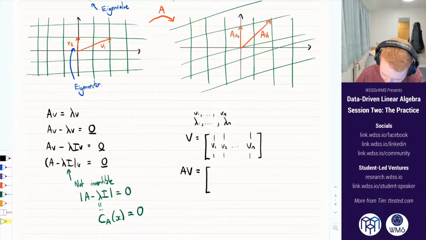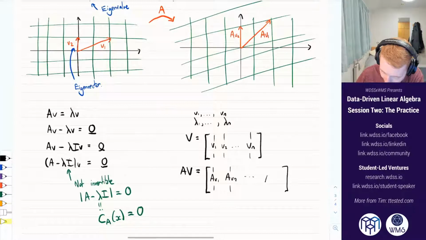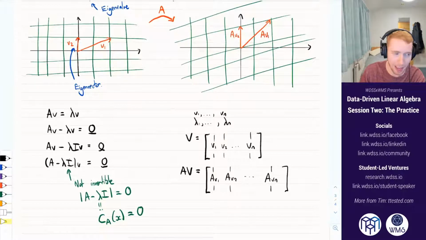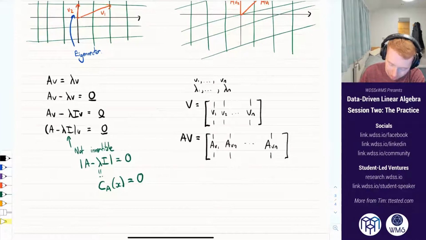So it's going to be A lots of v1, A lots of v2, all the way up to A lots of vn. So we just apply that A to each of those vectors there.